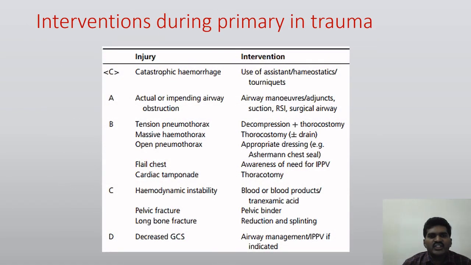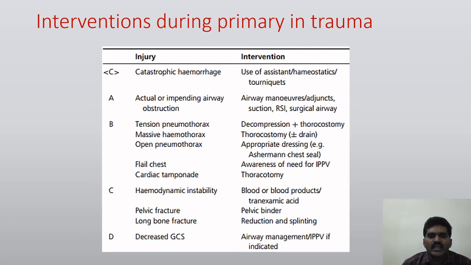So what are the interventions you are going to do during primary survey in a trauma patient? First thing, you need to identify a catastrophic hemorrhage. Use an assistant to give manual pressure. Hemostats can be used, or tourniquets can be used as explained earlier. And you assess the airway.